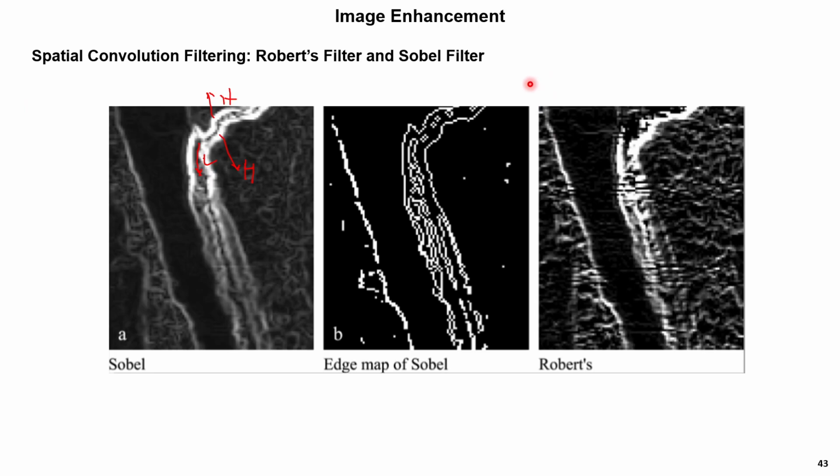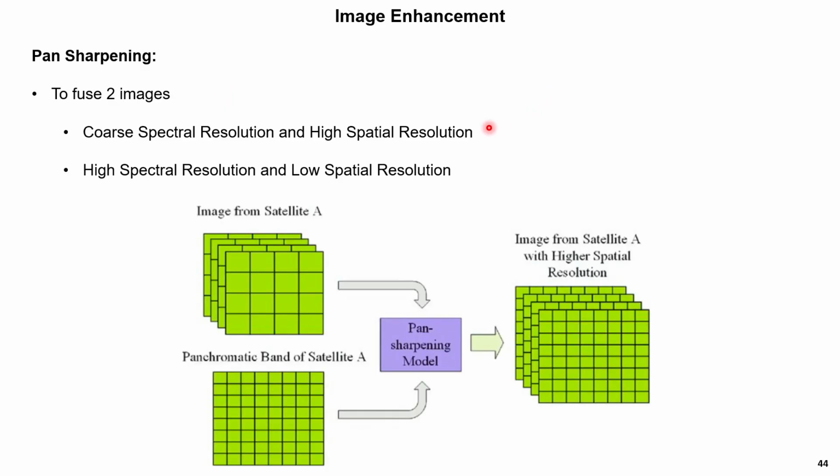So these are three types of image enhancement. There is one more image enhancement, that is pan sharpening. You would have heard about the panchromatic image, so I will explain the purpose of the panchromatic image here. This is also one kind of image enhancement where we will sharpen the image.